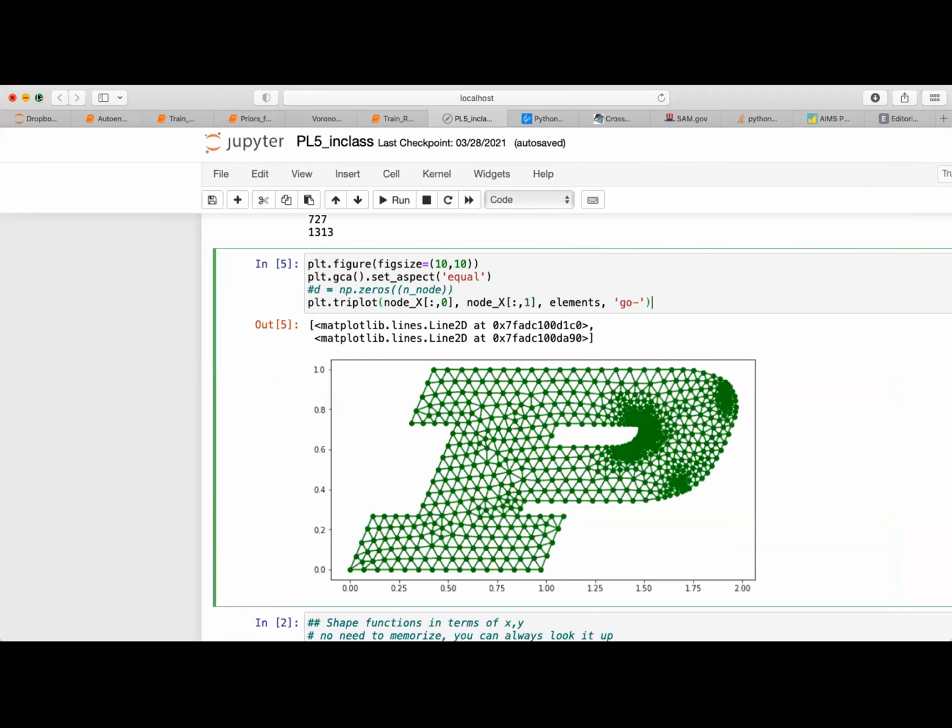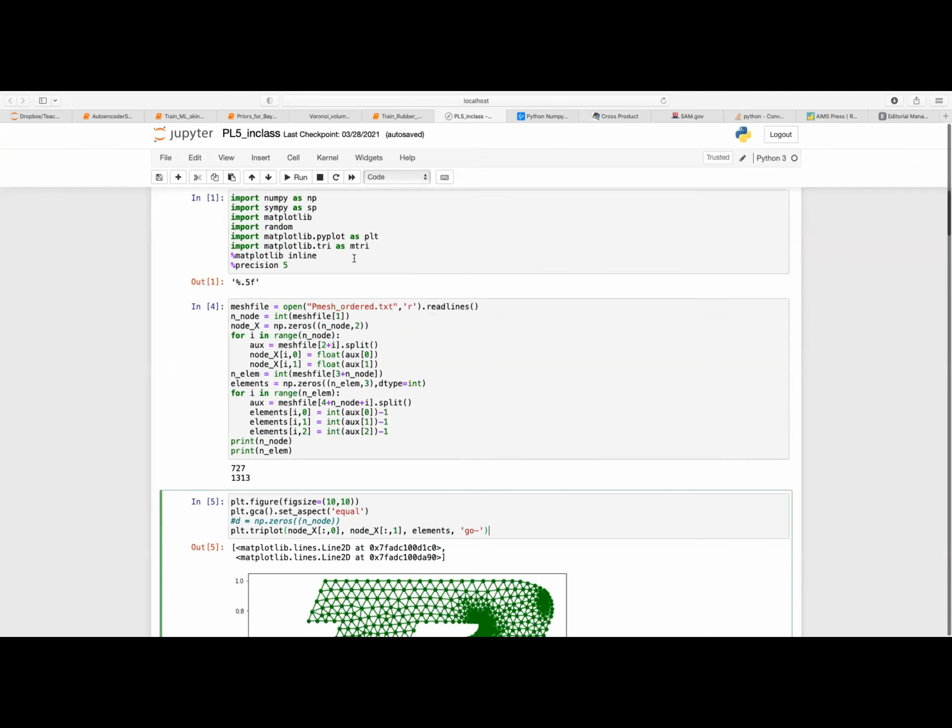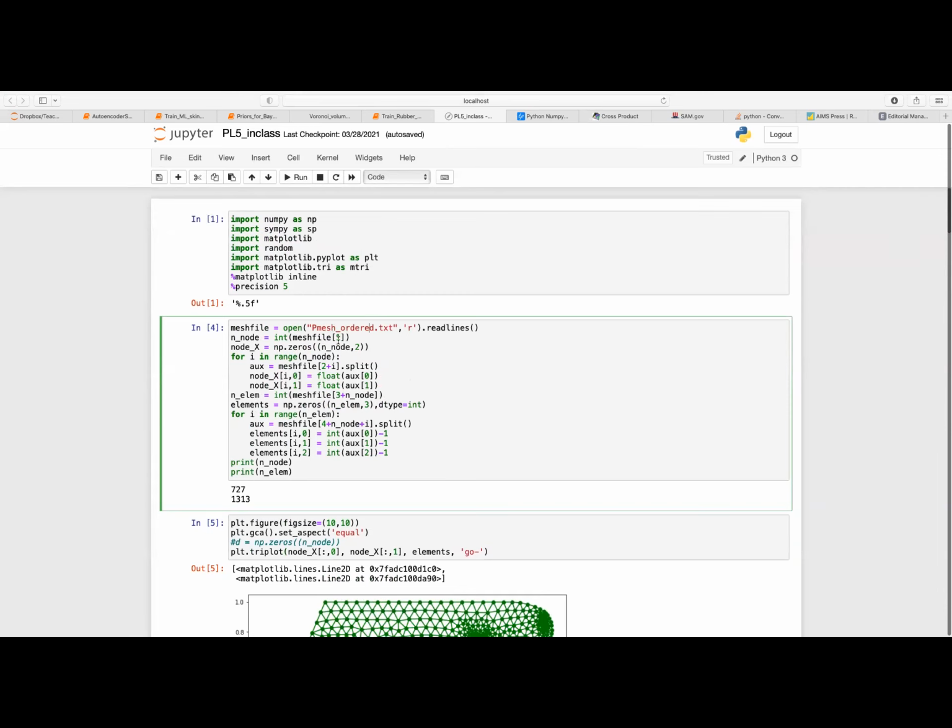The one thing I need to see is, can you check if I uploaded the PMesh ordered? In the original PL5, I had only PMesh, but that one does not have the nodes with essential boundary condition at the beginning. So I created another mesh, but I don't know if I uploaded it.